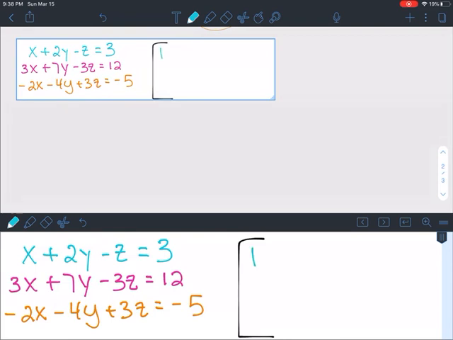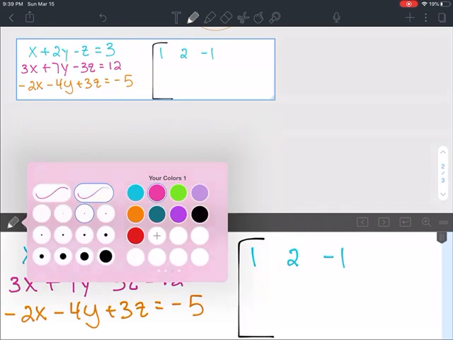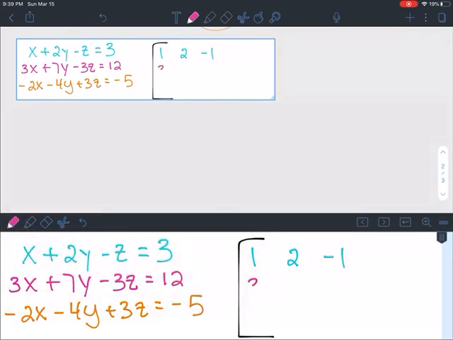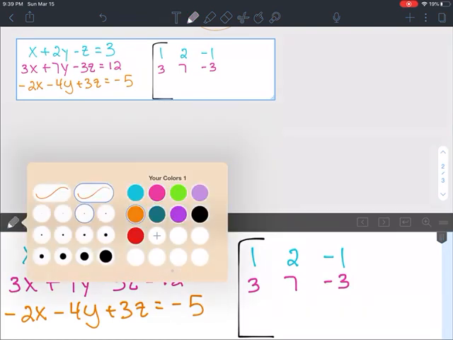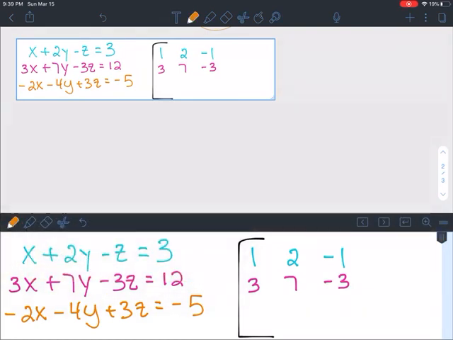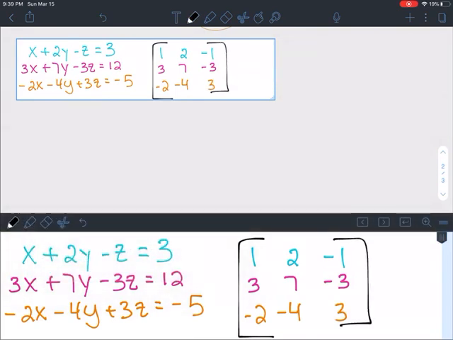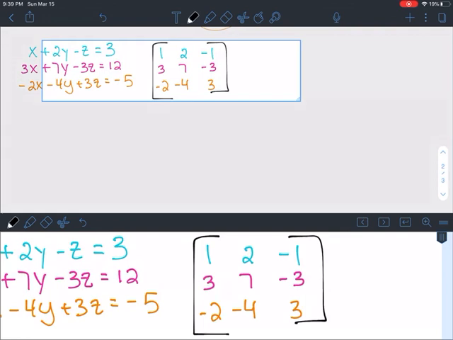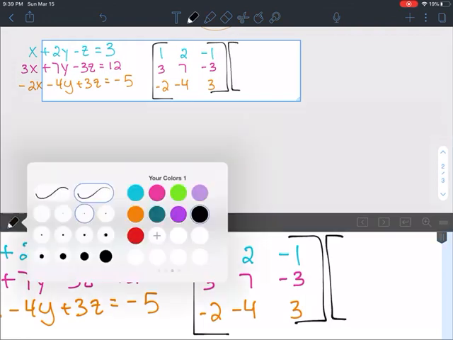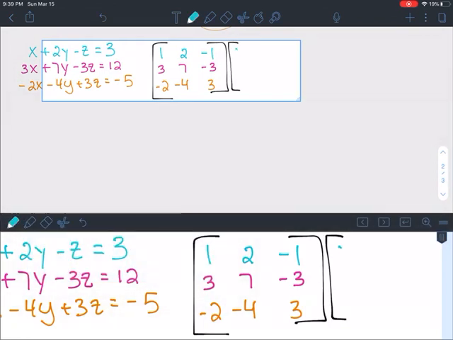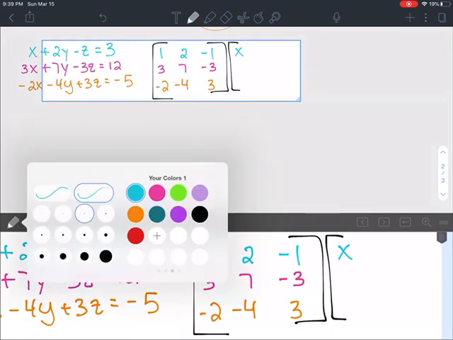So we're going to have for our first row coefficients 1, 2, and negative 1. For the pink equation, my coefficients were 3, 7, and negative 3. And for my orange equation, my coefficients were negative 2, negative 4, and positive 3. So now I'm just going to multiply that by my matrix involving my variables.